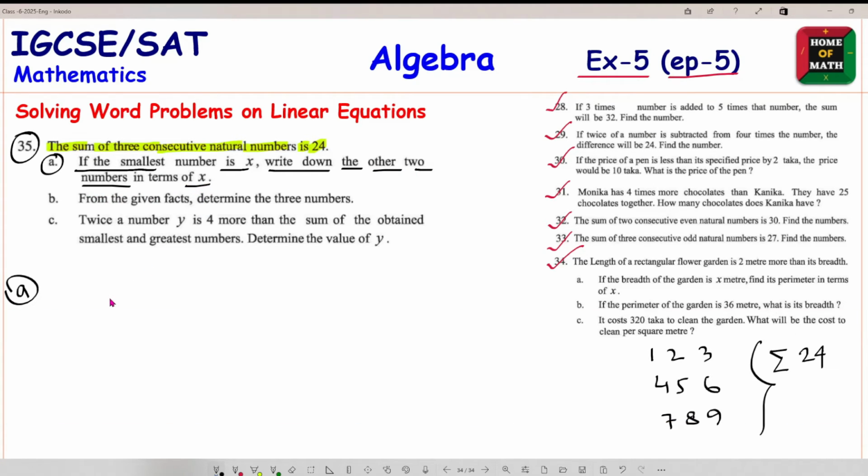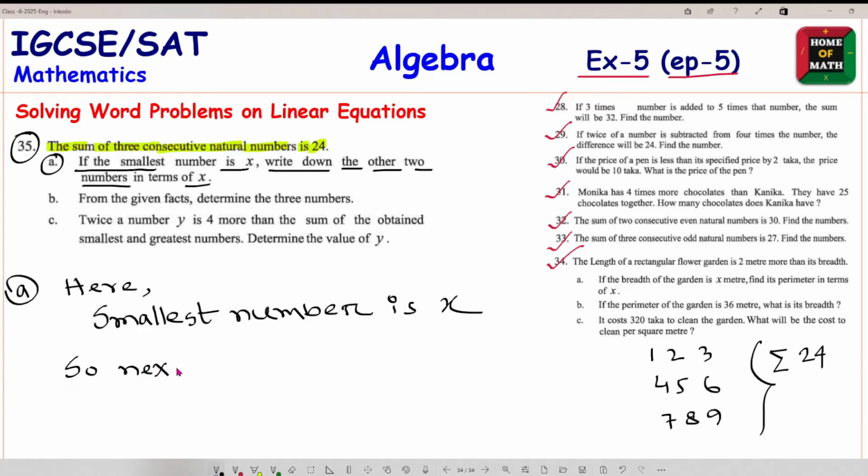So look, here smallest number is x. So next 2 numbers are.